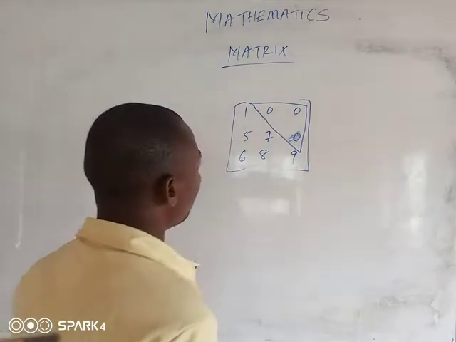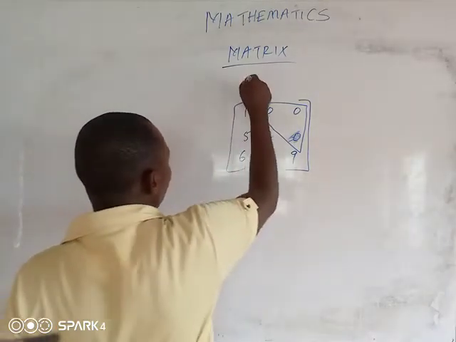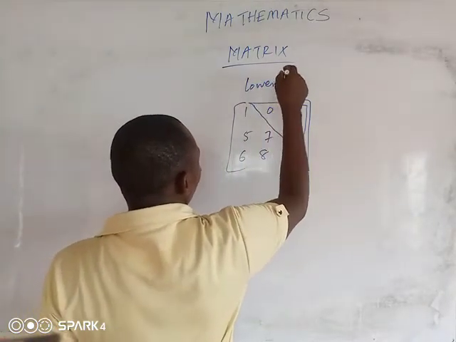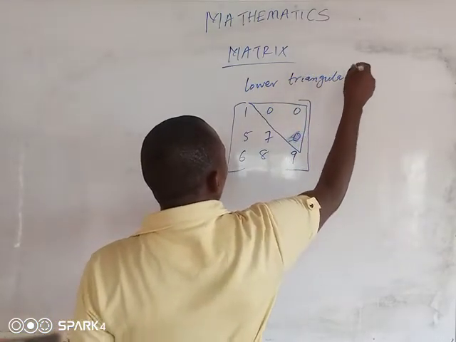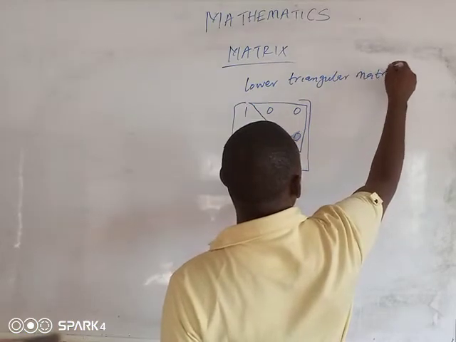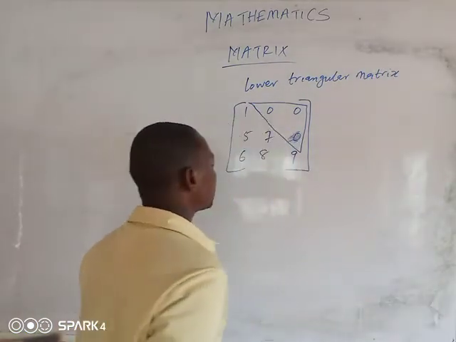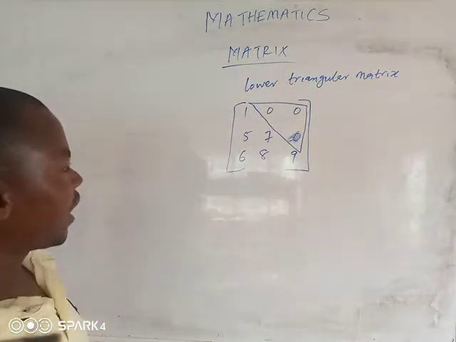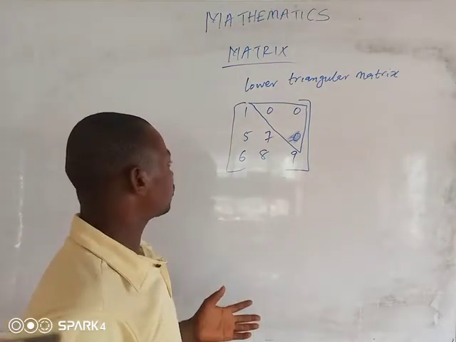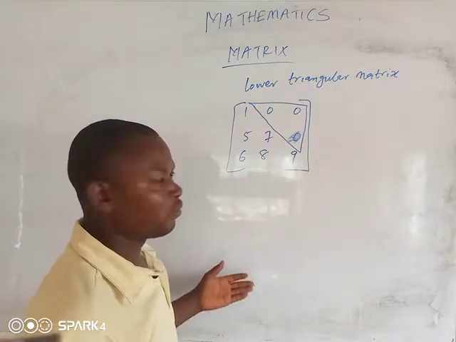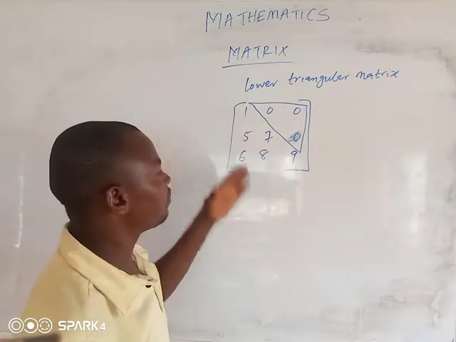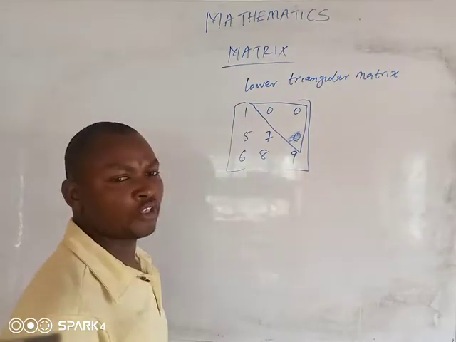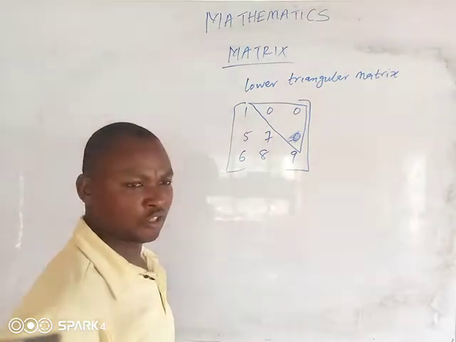So this is what we call a lower triangular matrix. You can see that the values that are 0 form a triangle, while below it, we now have values that are not 0.